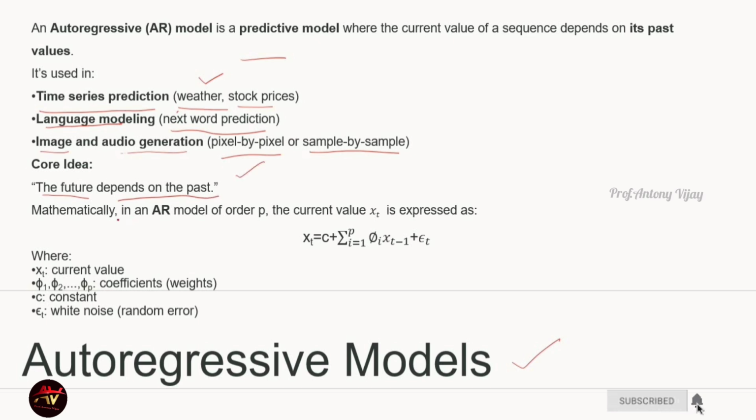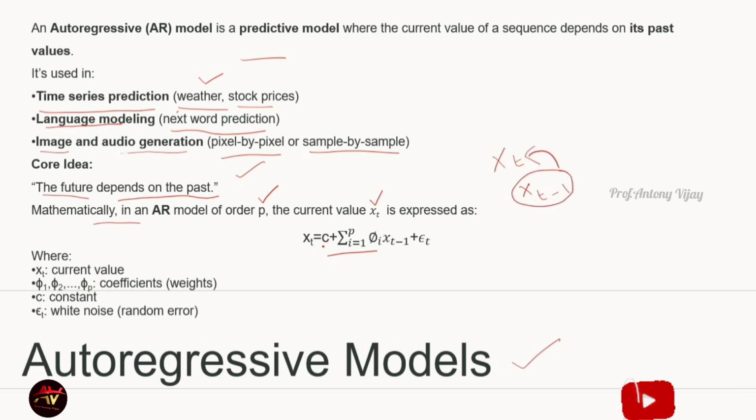The mathematical term for the autoregressive model: here they are taking the order p, so p number of iterations, and we do the summation. The current value is xt, and xt minus 1 is the past value. Based on the past value, the current value can be generated.